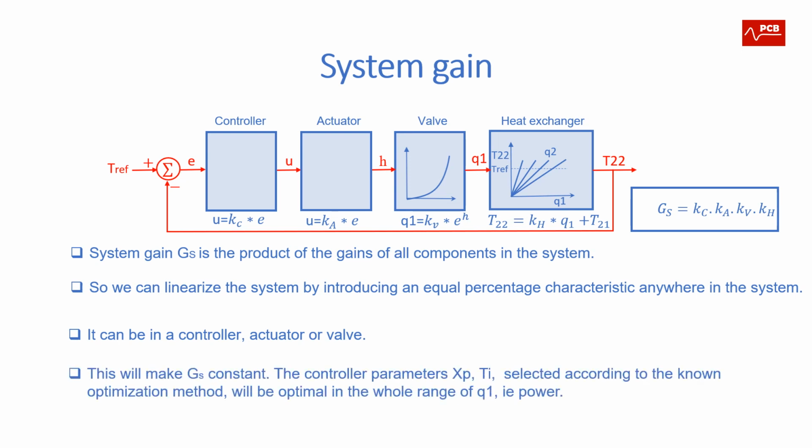And this will make constant system gain, and the controller parameters, so proportional band and integration time selected according to the known optimization method, will be optimal in the whole range of primary flow, and therefore also through the whole range of power.